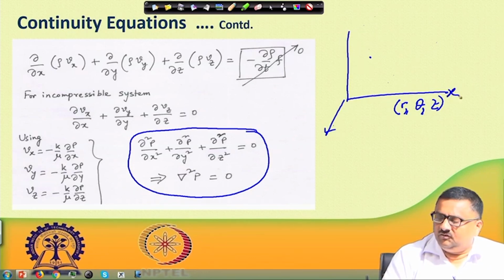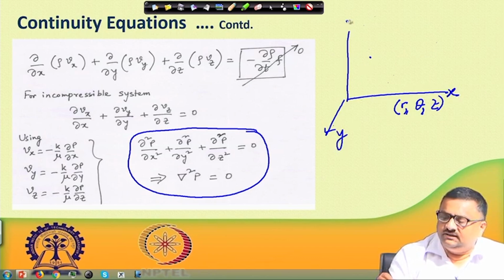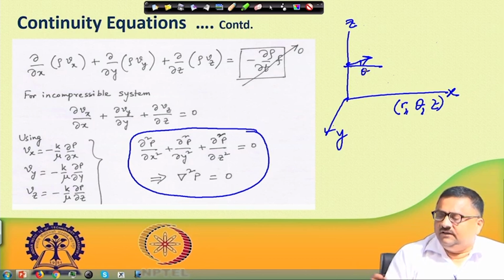I am calling these x, these y, these z, and then I can think of this r making an angle theta in this direction.